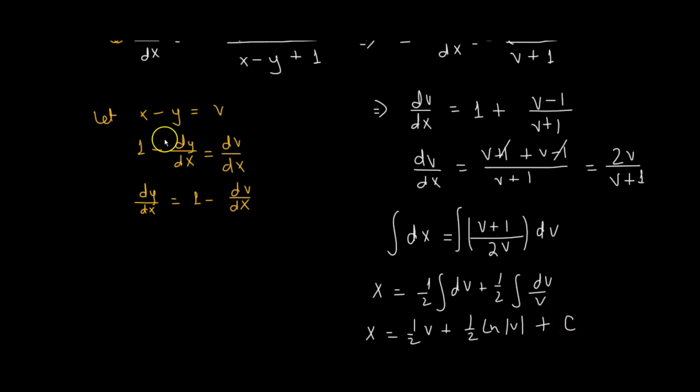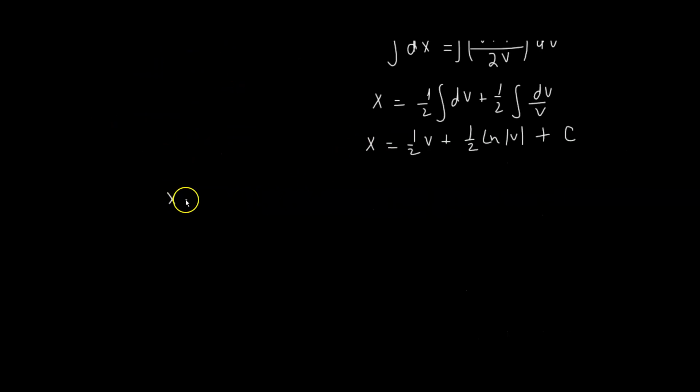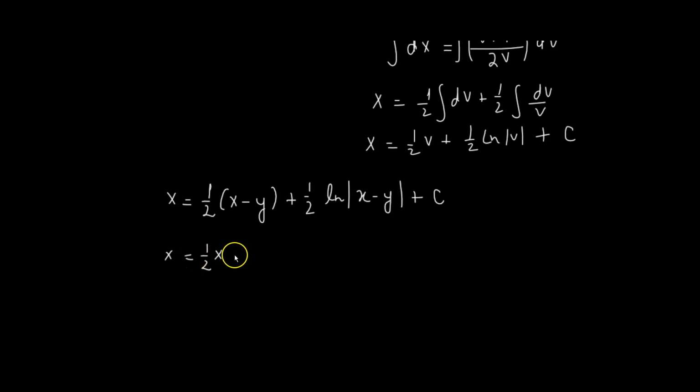Now we will substitute the value of v with x - y. So this will be x = half of (x - y) + half natural log of (x - y) + c.